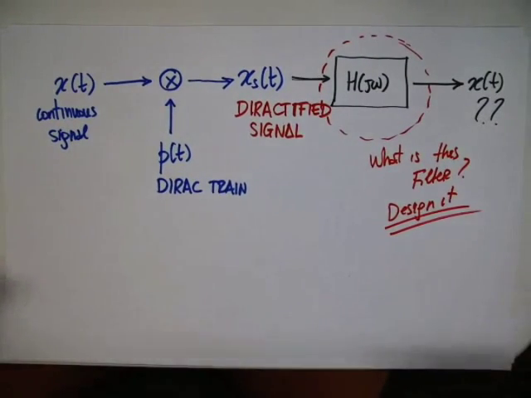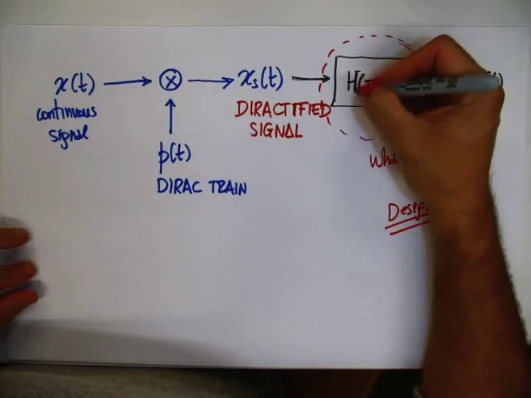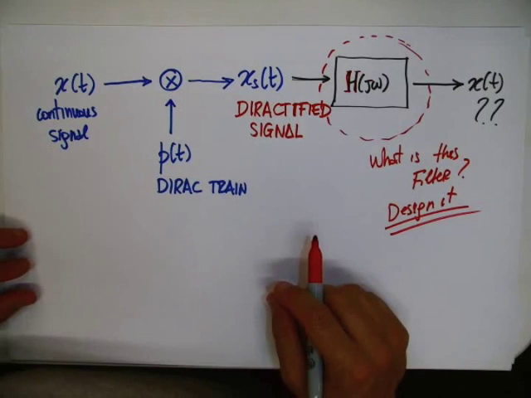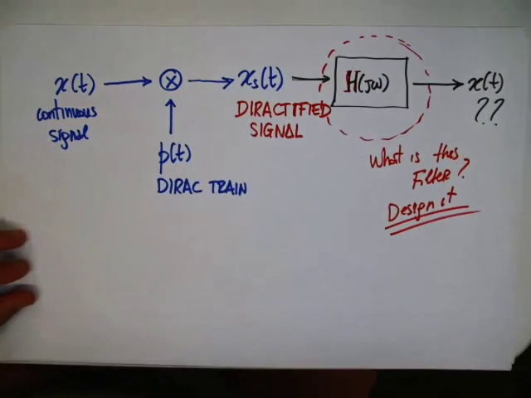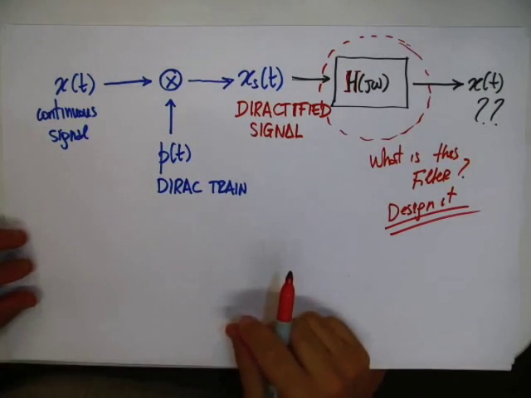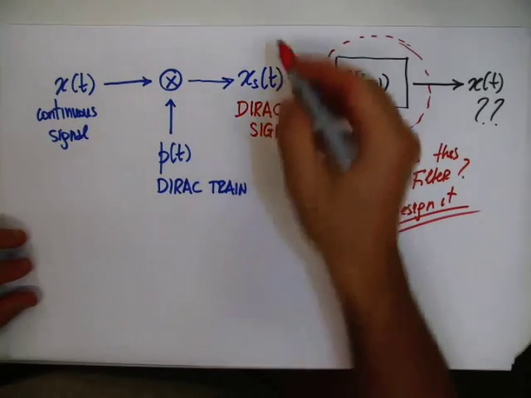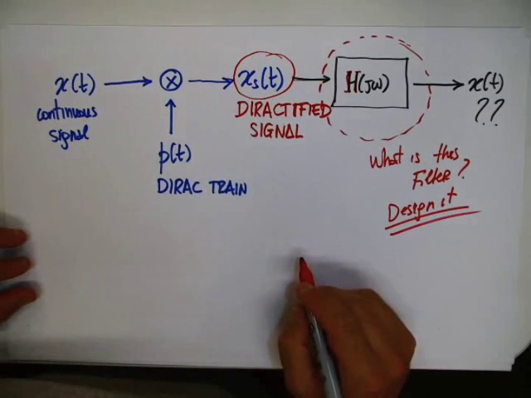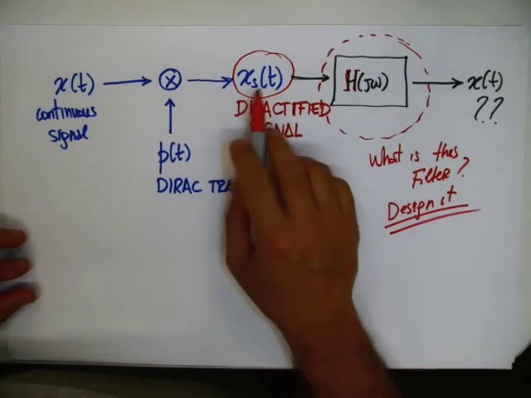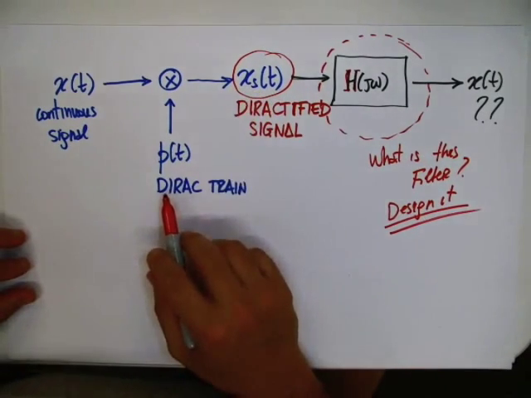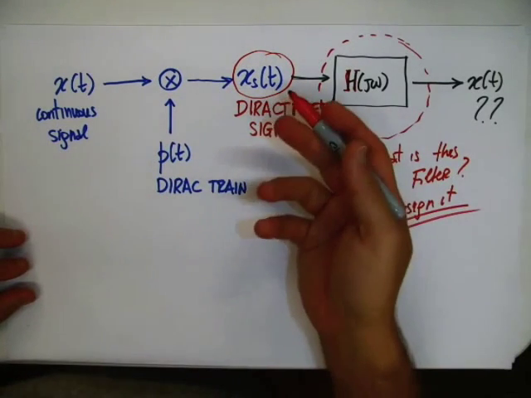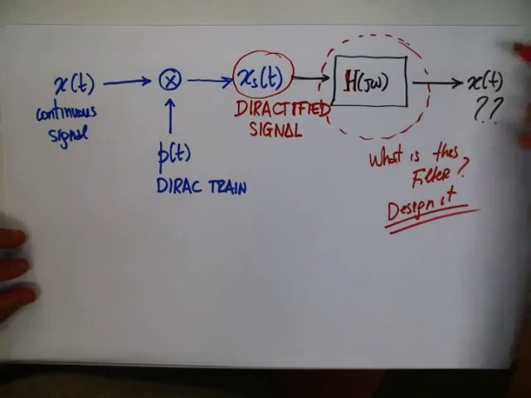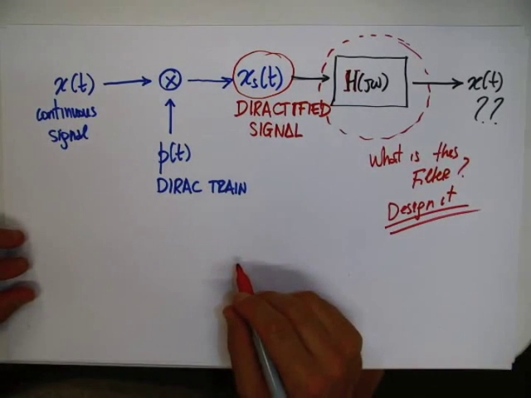Now, every time we want to design a filter, it is better to do it in the Fourier domain, and for this we need the spectrum of the Diractified signal. Because once we have the spectrum, we can understand how to filter it and see if we can recover the original signal.